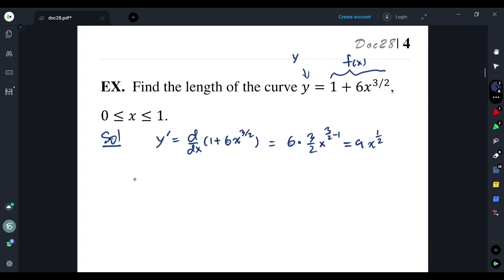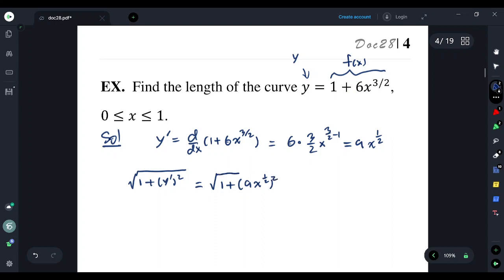And then we're going to calculate the square root of 1 plus y prime squared, which is equal to the square root of 1 plus (9x to the 1/2) squared, and this is equal to the square root of 1 plus 81x, right?